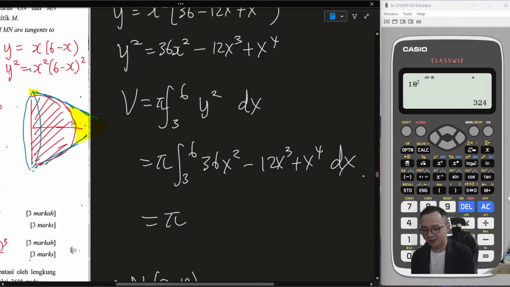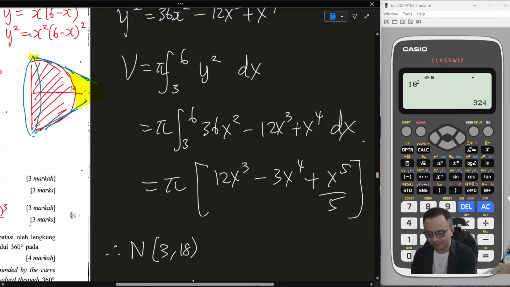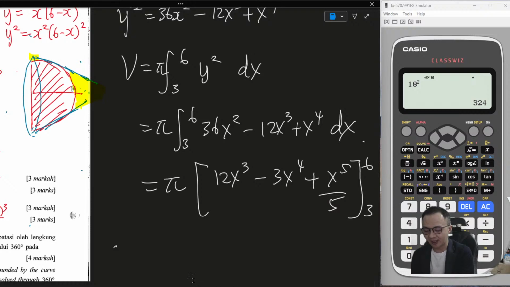So then you will need to pretend you integrate. This one divided by 3, right? So it's 12x cubed. This one divided by 4, right? So it's 3x to the 4. This one is x to the 5 over 5, from 3 to 6. Then we will need to solve this.